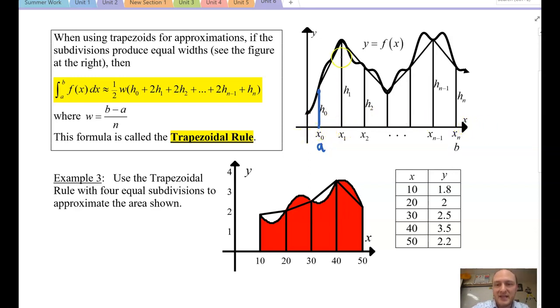My next height is h sub 1, so I have h sub 0 plus h sub 1. But for my next interval, I'm again going to be sharing that with this interval here, so it gets used twice. And when I add the next interval, I'm going to end up sharing this bound twice, and so on and so forth up until our last value.